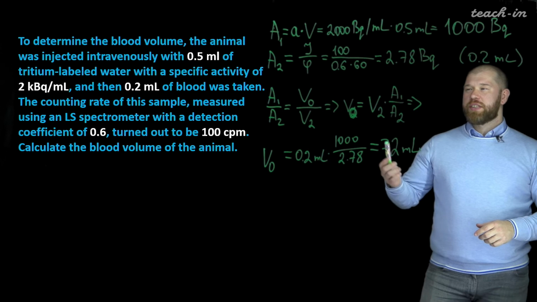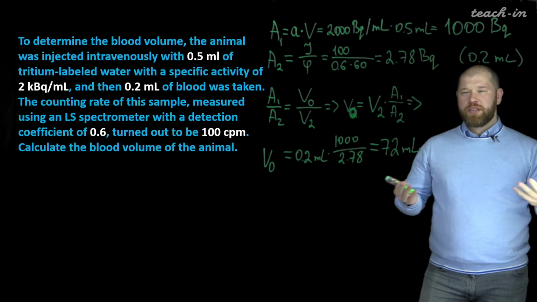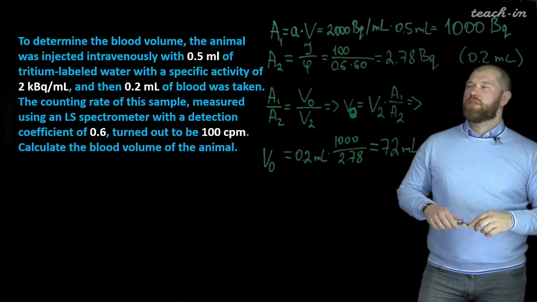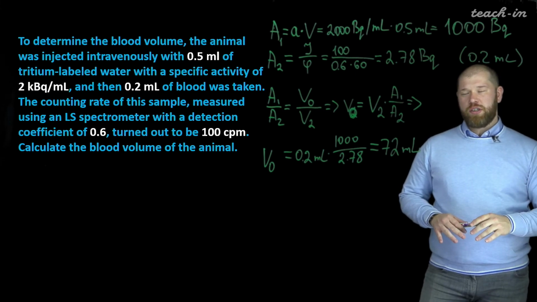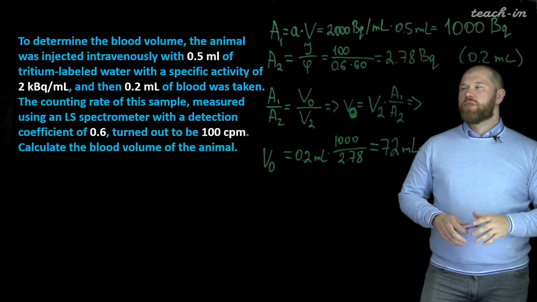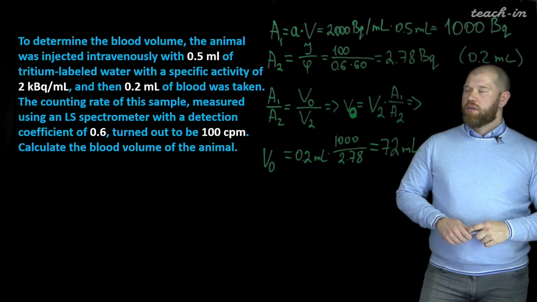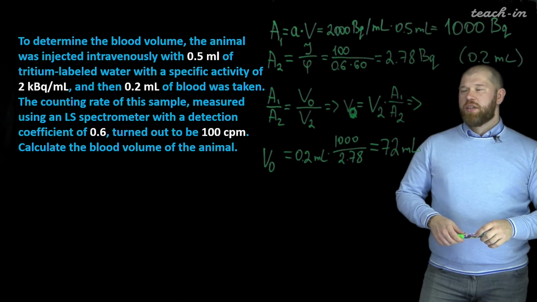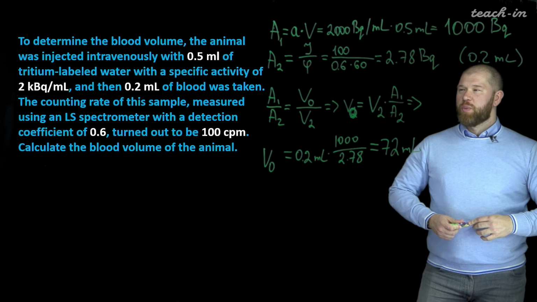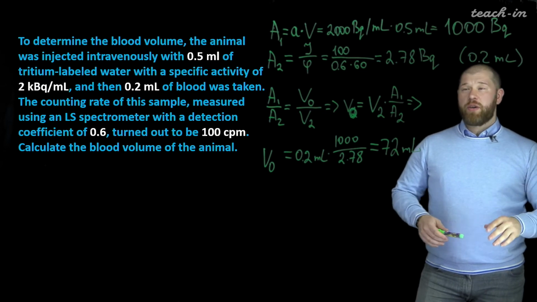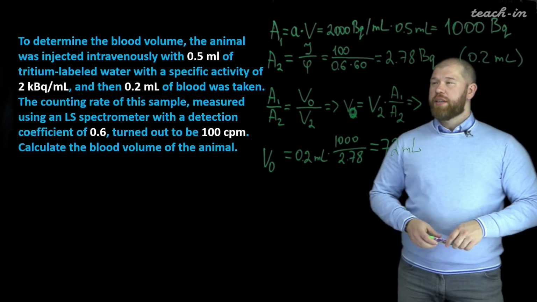We can add the same amount of tritium labeled water or some other tracers like cesium, for example, or some shorter-lived tracers to exclude the long-term contamination of the natural lakes or underground lakes. This method of radionuclide tracers is widely used in different environmental researches. Okay, the next task.